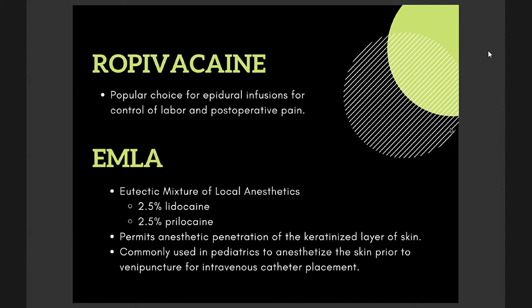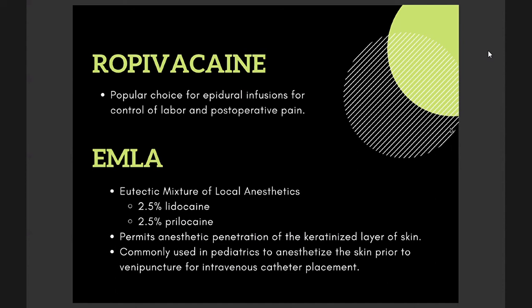In other words, this is a form of dermal analgesia that would require a contact time of at least 1 hour under an occlusive dressing. It is commonly used in pediatrics to anesthetize the skin prior to inserting an IV line.